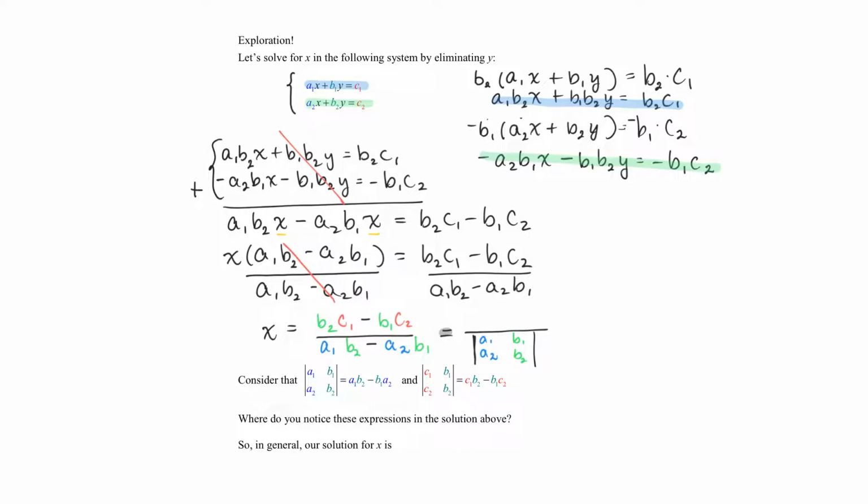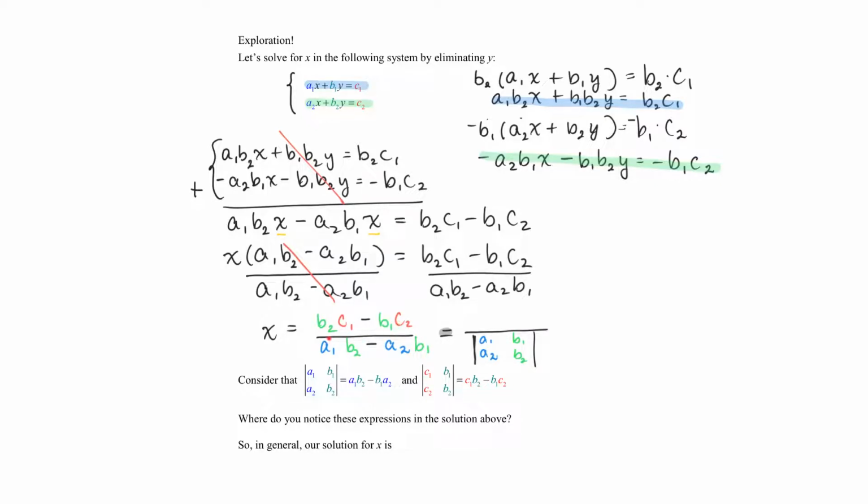Now, notice that if I replace in my determinant the coefficients of x with the constants, c sub 1, c sub 2, I'm leaving the coefficients of y alone. If I form the determinant of that, if I evaluate that determinant, then I'm going to end up with c sub 1, b sub 2 minus b sub 1, c sub 2.